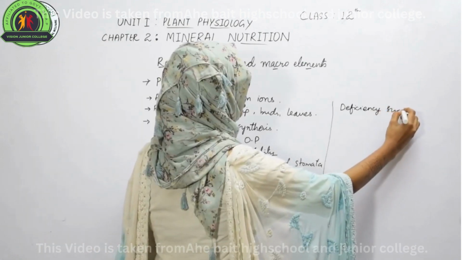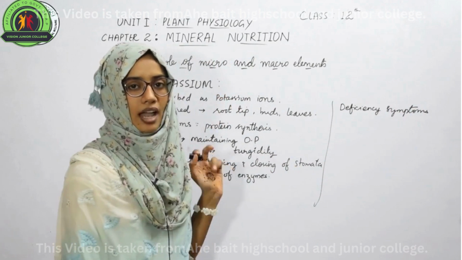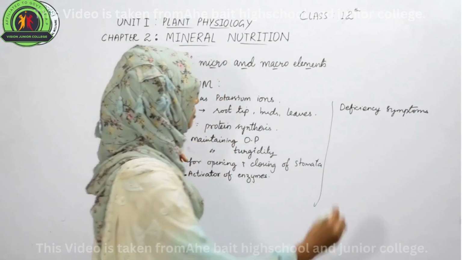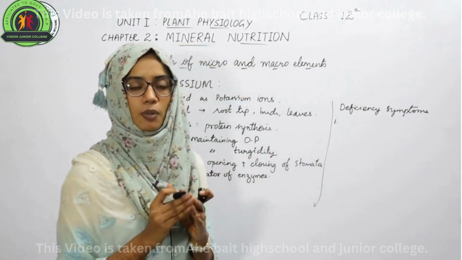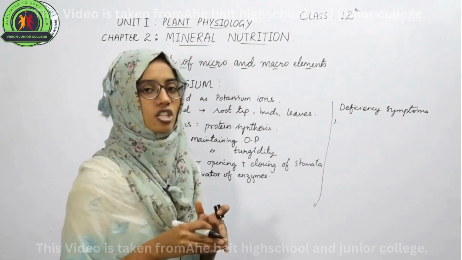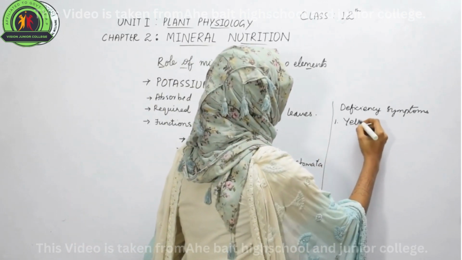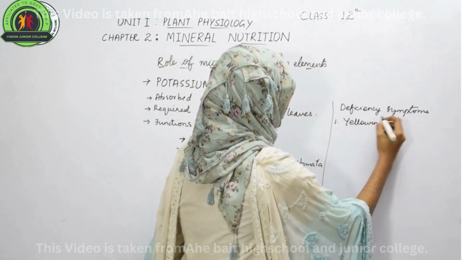Let us study the deficiency symptoms which can be seen due to the absence of potassium. When potassium is present in a small amount, or if it is absent in the plant cells, then the yellowing of leaf margins can be seen.